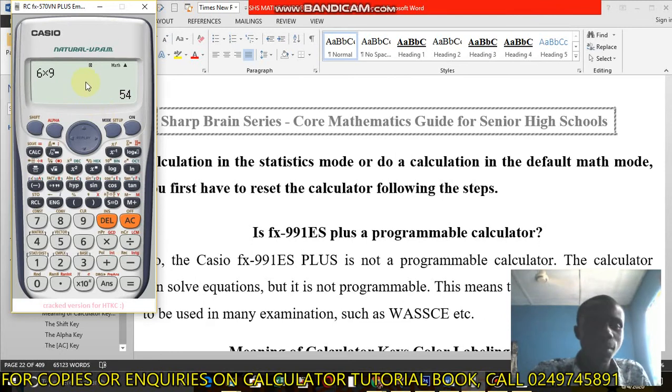That is, anytime you have the math and the degree sign, that is the default mode of the calculator. And whenever your calculator is in that mode, all your calculation will be in decimals.